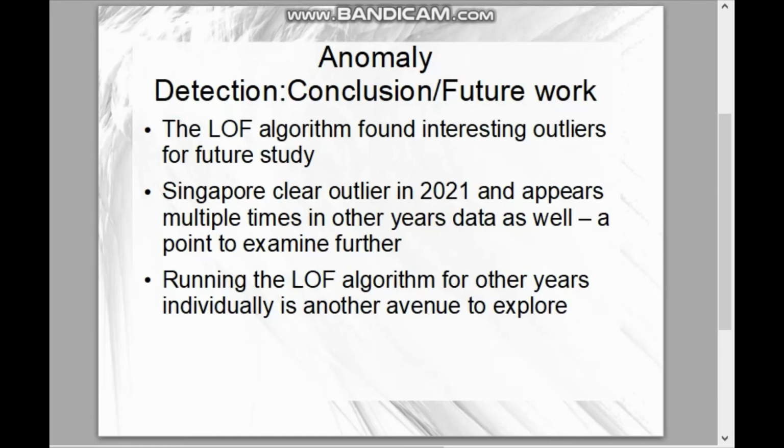So running it on years individually might help clarify some of the data. For instance, if some years happen to have more uniform data than other years, they might be excluded from appearing on the all years at the same time data, but there might still be outliers within those years that would be worth examining.